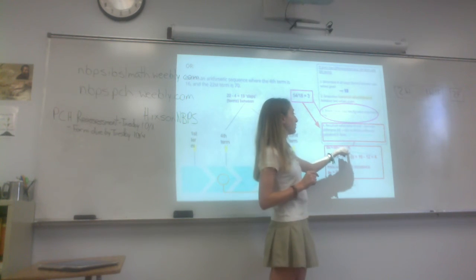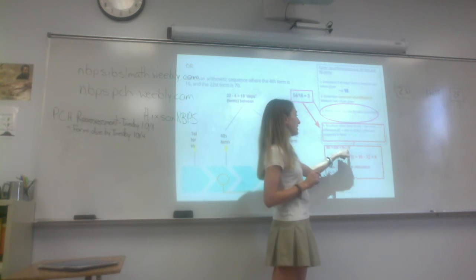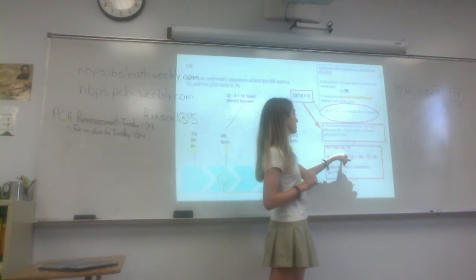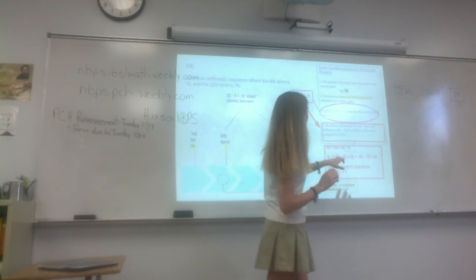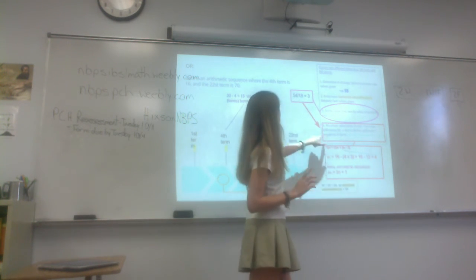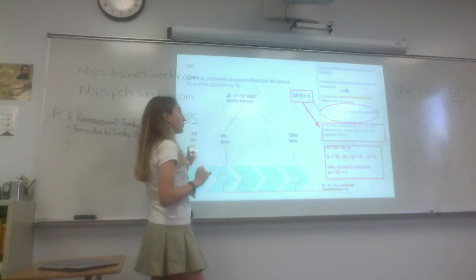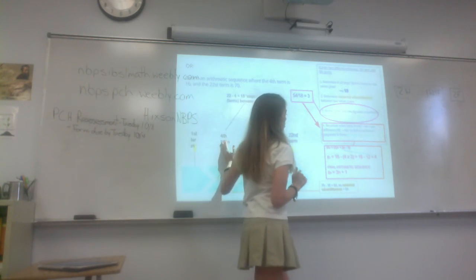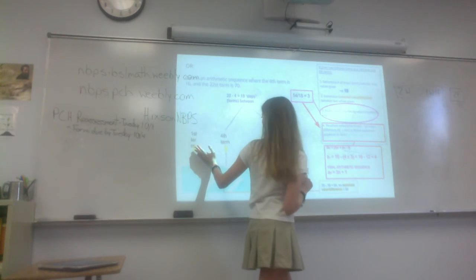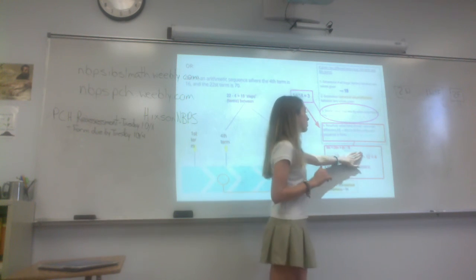And then we need to find a sub 1 minus 3. And for a sub 1, between the 4th term and the 1st term, there's 3 steps. Right, 3 steps. That's wrong.